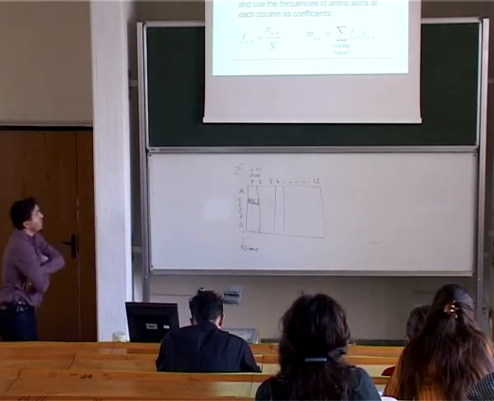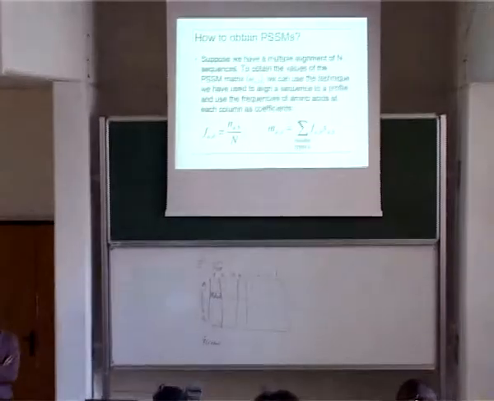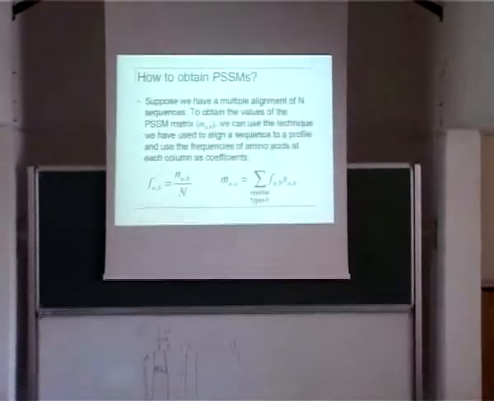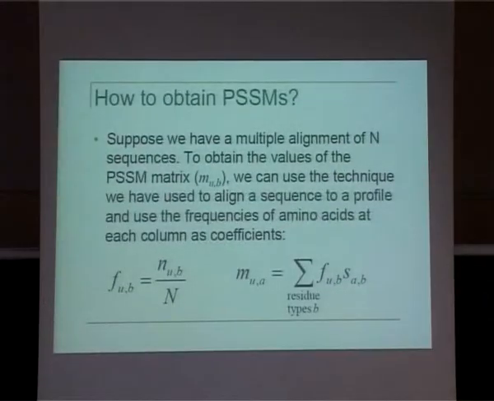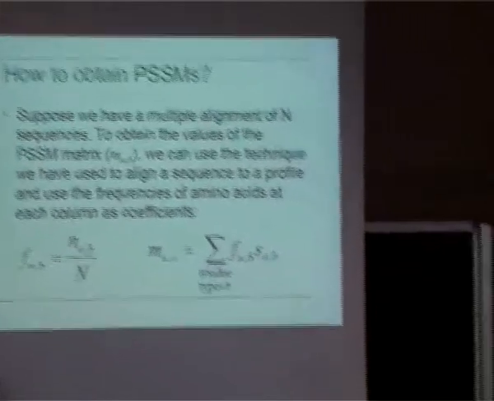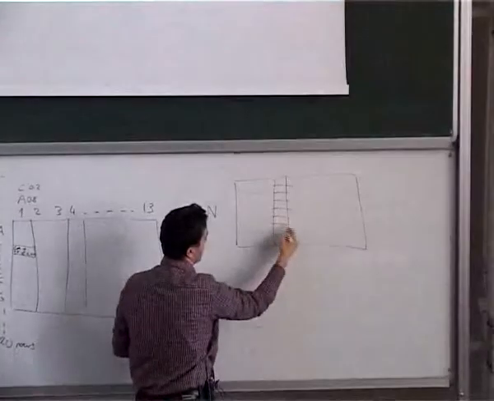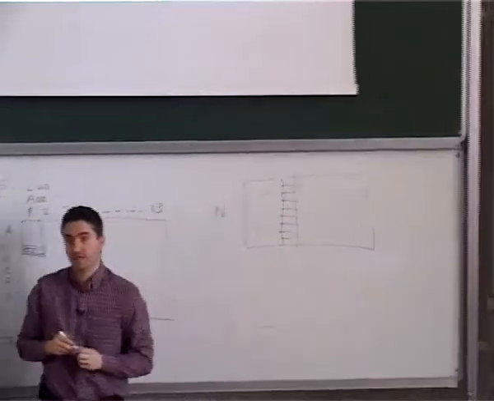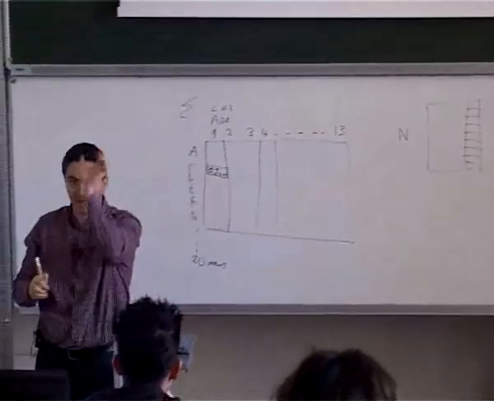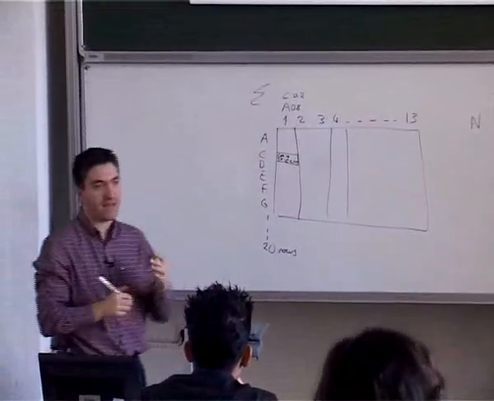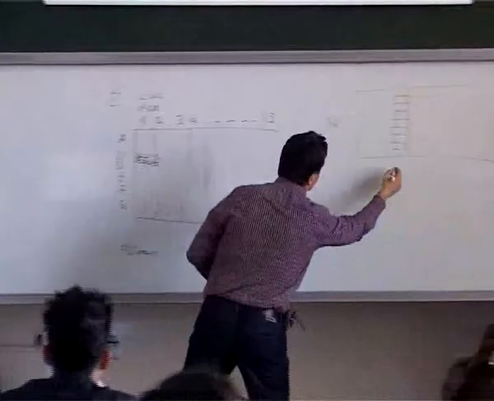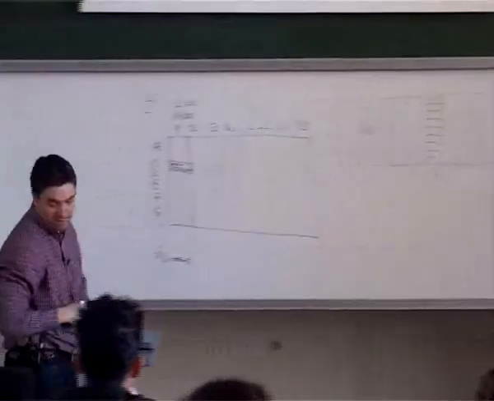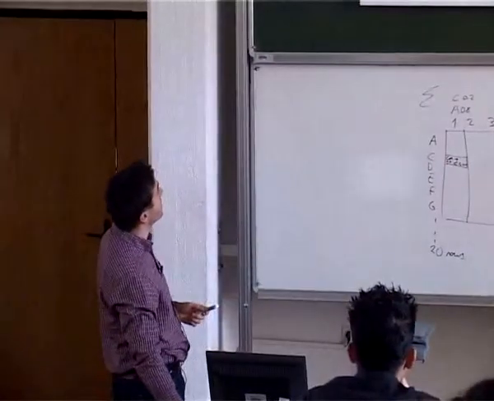So here, suppose we have a multiple alignment of n sequences. In this family of protein sequences, at a specific position, we have aligned n amino acids.